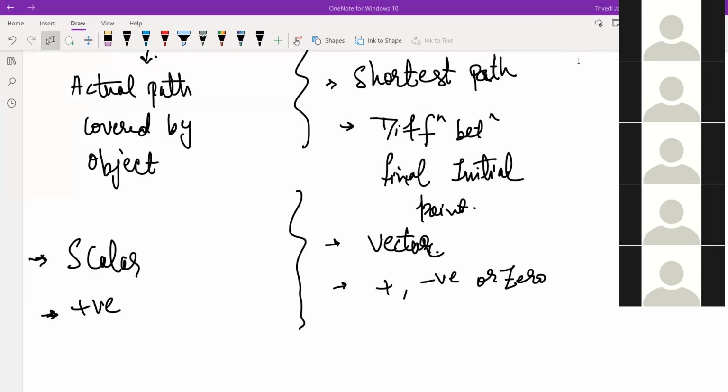Sir, when an object moves opposite from its initial position. I did not get the question itself, sir. I want one example of negative displacement.